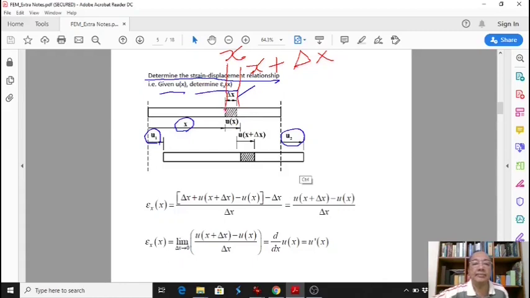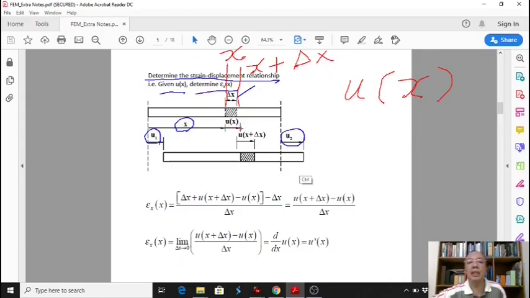From the previous slide, the displacement u is a function of position. So the position at this side is x, and it will displace by u of x.